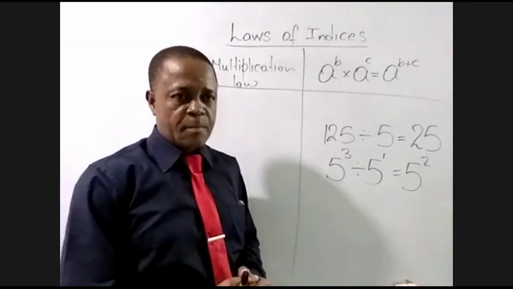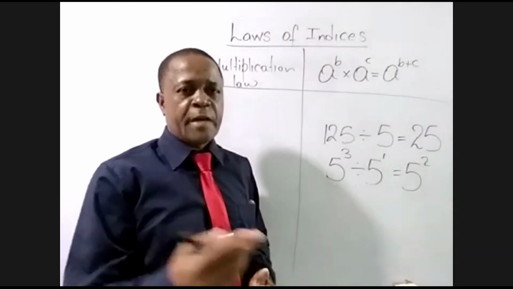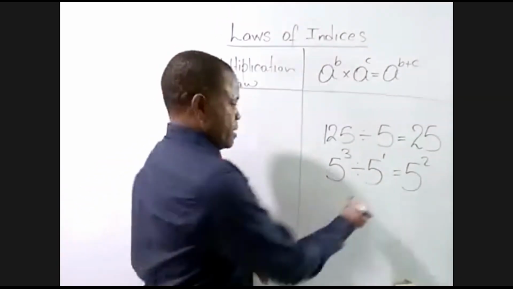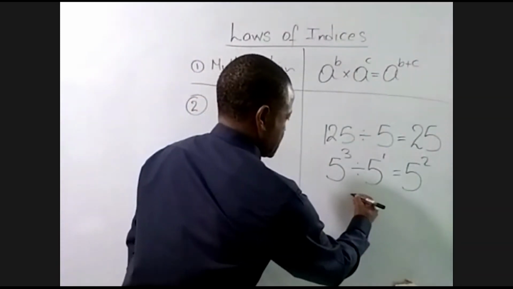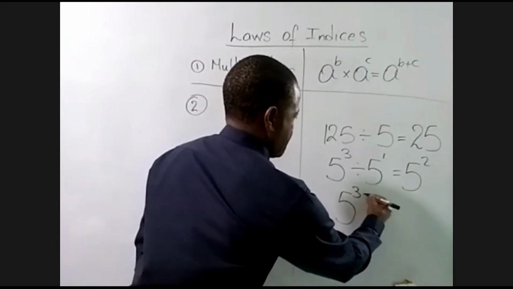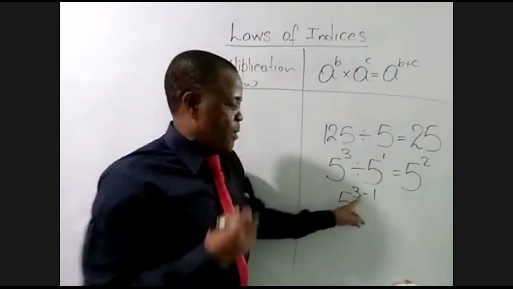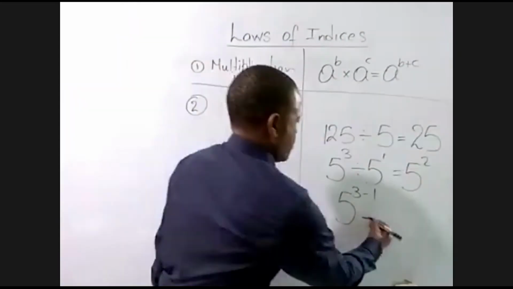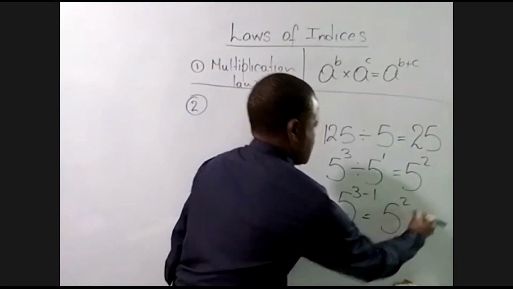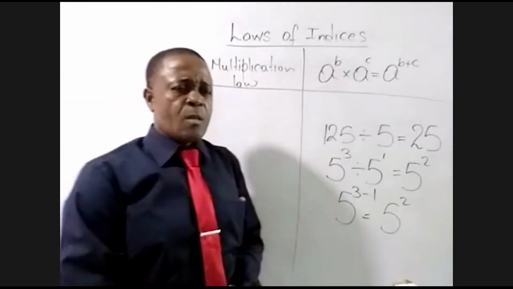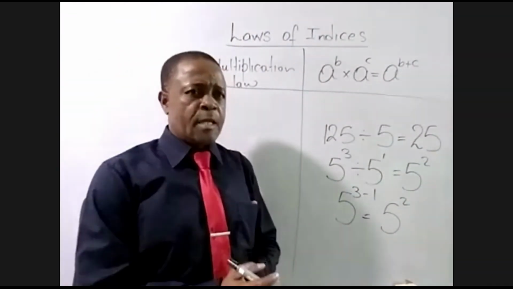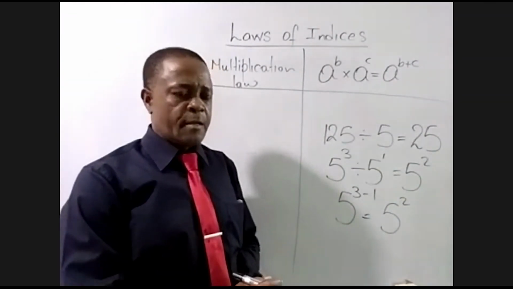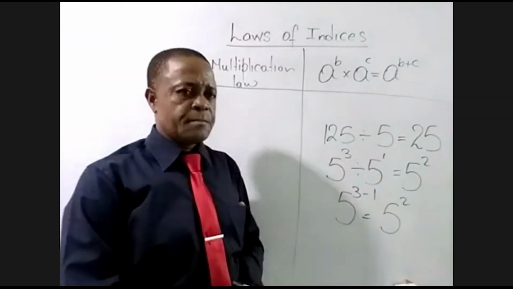Yes, you're correct. All we need to do is to find the difference. So here, all we did was to say 5 to the third minus 1. So if I take away 1 from 3, then that is going to give me 2. So here we end up with 5 to the second. Now, could we coin a definition for the division law?